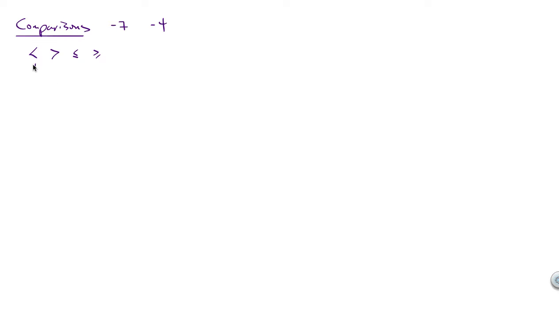But instead of calling these less than or greater than, if I'm in my head, I might think of this symbol as to the left of on the number line, meaning less than. And this symbol is to the right of, greater than. And that will help me visualize what's going on here.